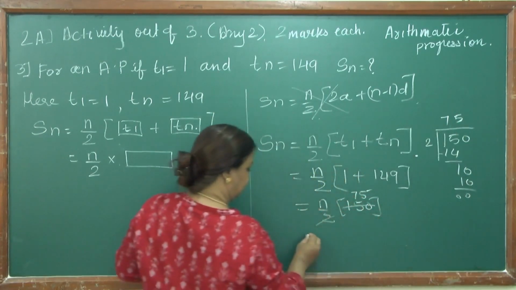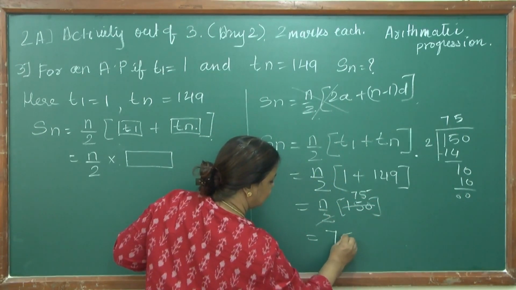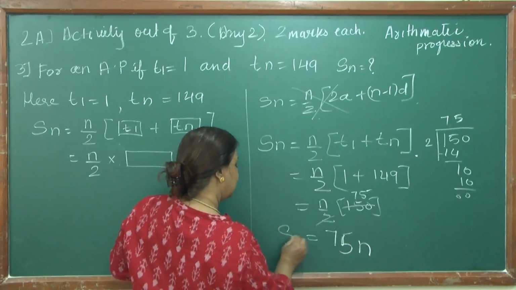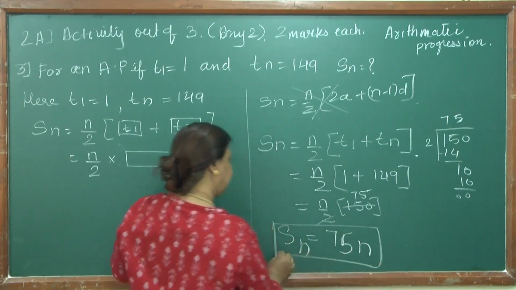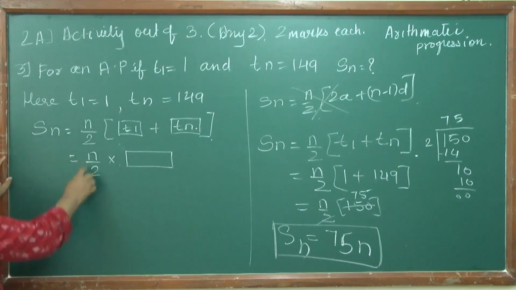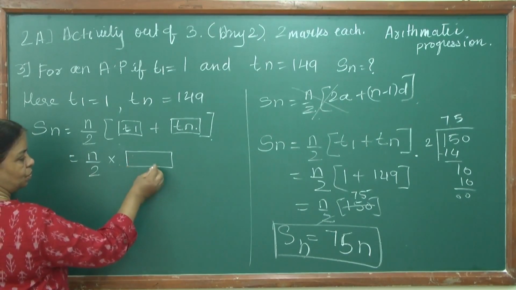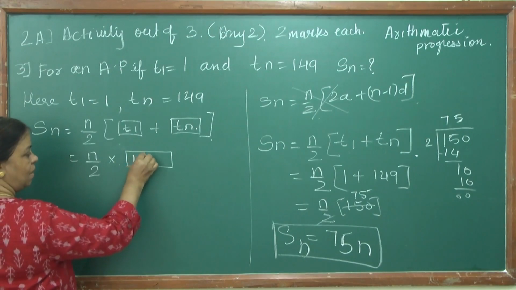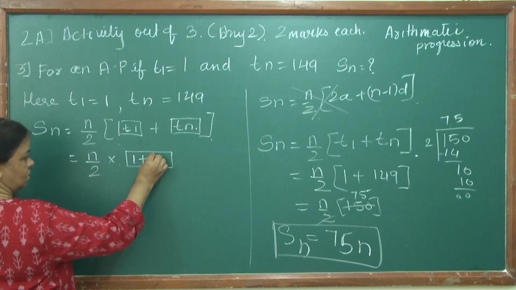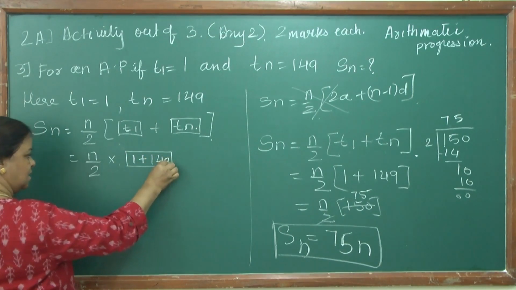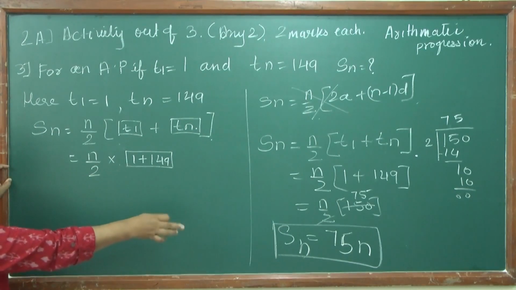So 75. So 75n is the answer for Sn. n upon 2 into (1 plus 149) would be 75n.